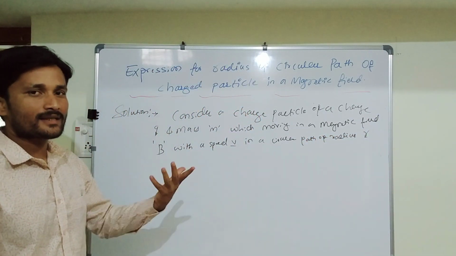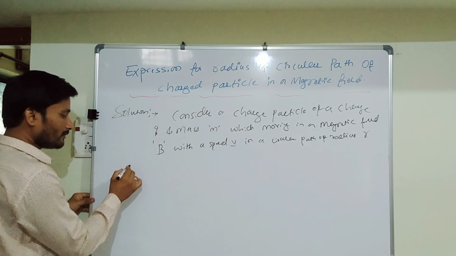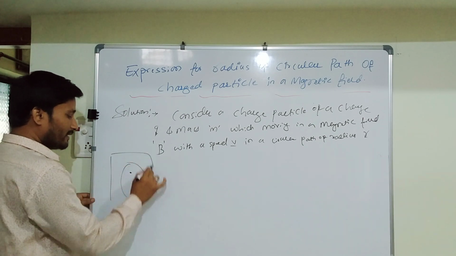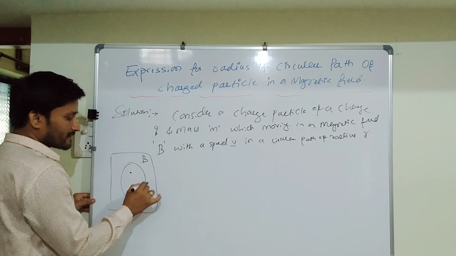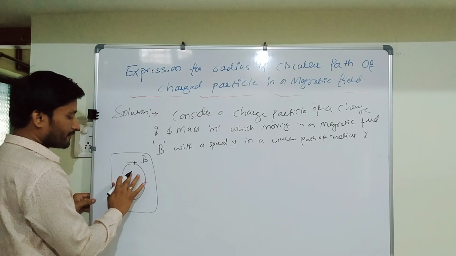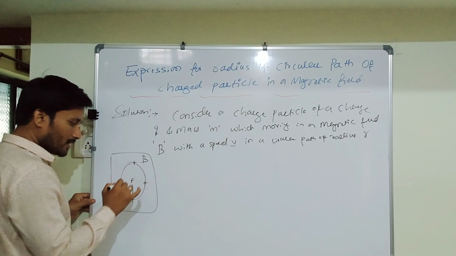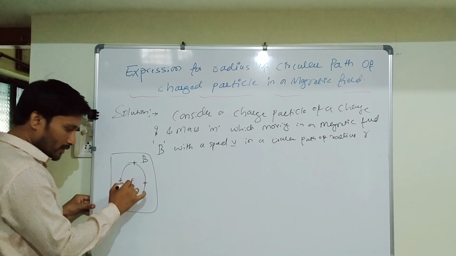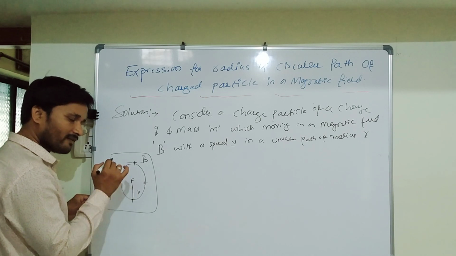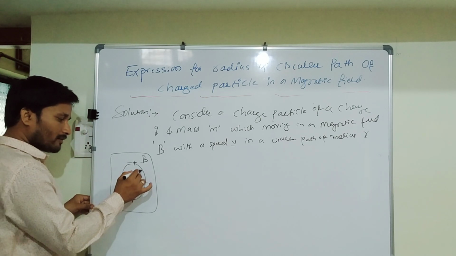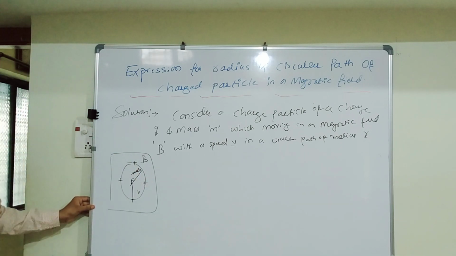If we want to understand this diagrammatically, think that here I have a charged particle, and this is the magnetic field acting on this charged particle. Now for this charge I am going to apply a force. When you apply the force to this charged particle, it moves from this place to this place with a velocity v. Now we have to find the radius of this charged particle's path.